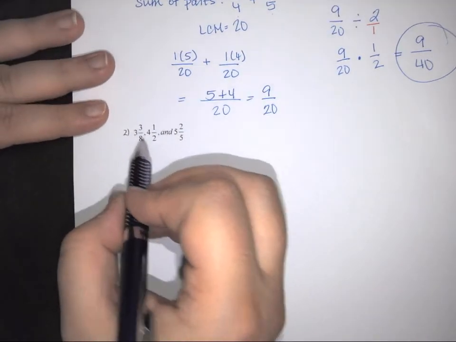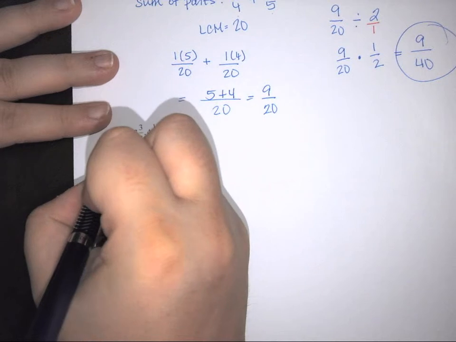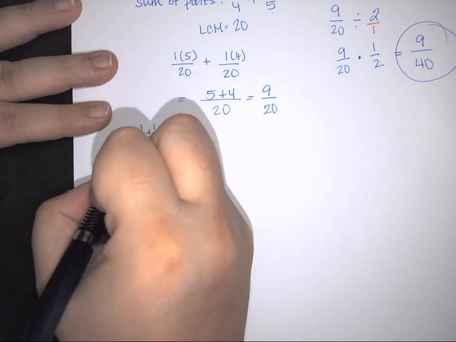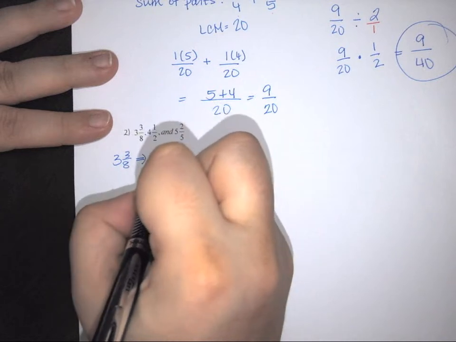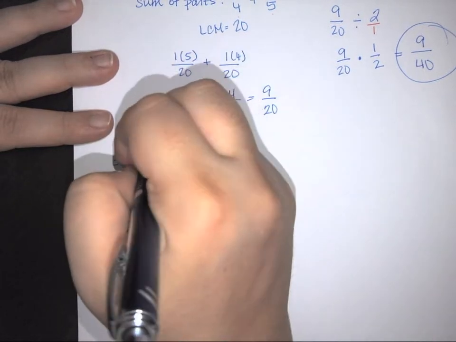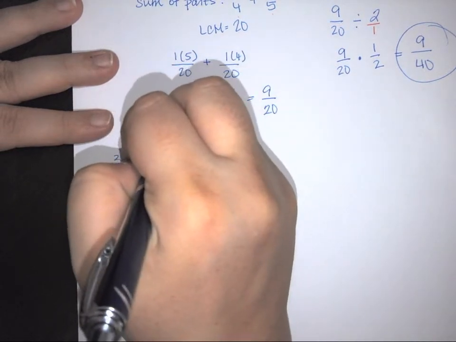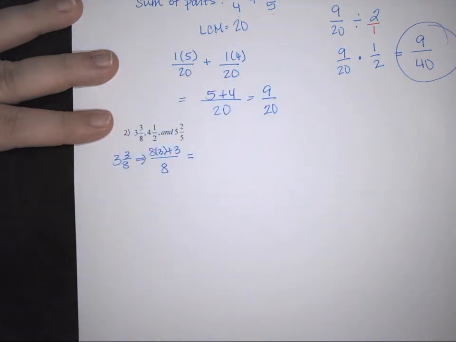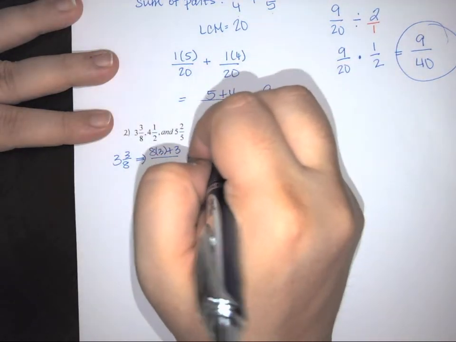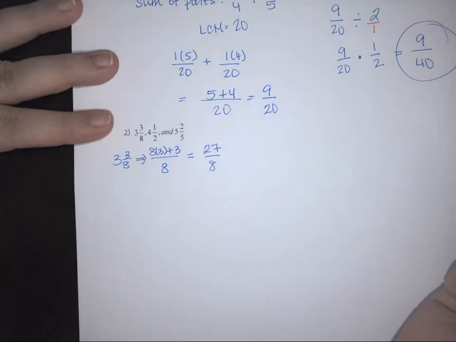So I have 3 and 3/8. This is going to become 8 on the bottom, and then I'm going to have 8 times 3 plus 3, which is going to give me 27 over 8.